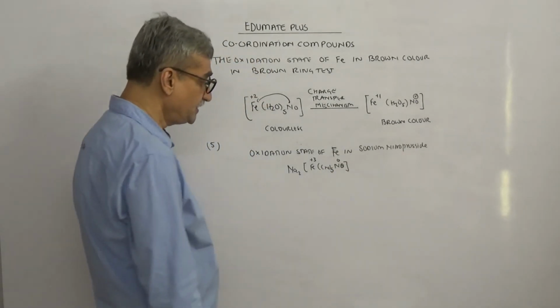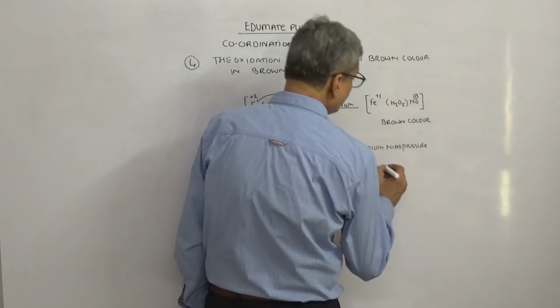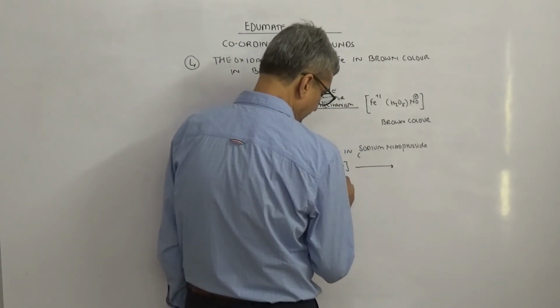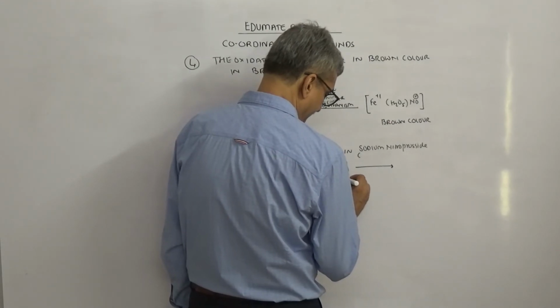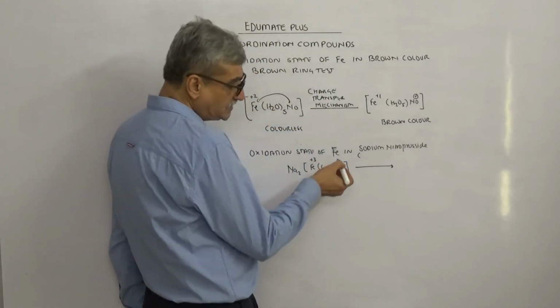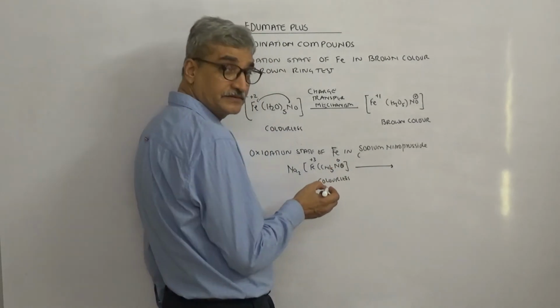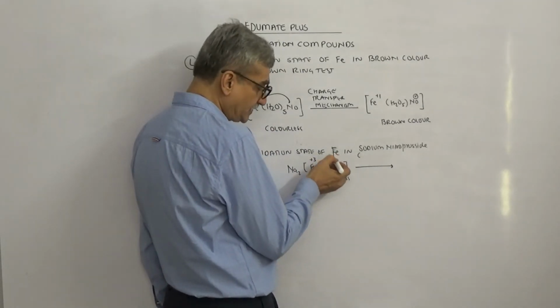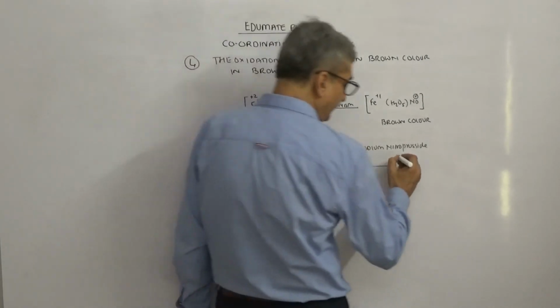Now because of charge transfer mechanism, this is colorless. So because of charge transfer mechanism, the NO, nitric oxide, loses its electron and becomes NO plus.